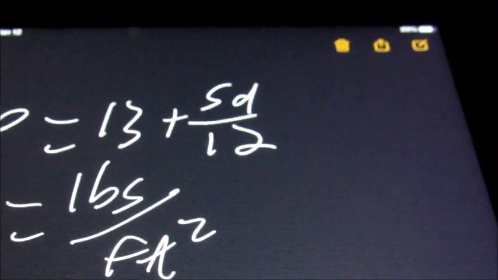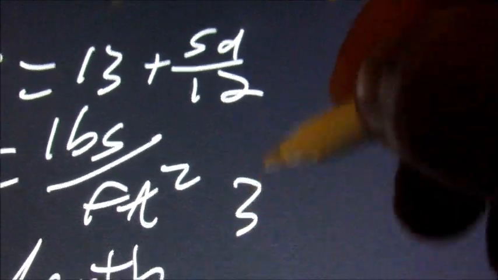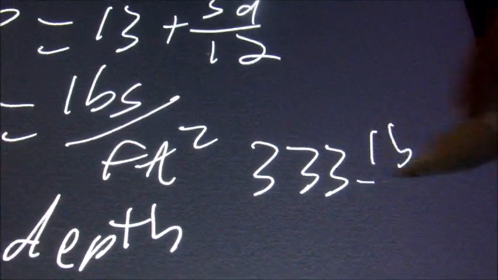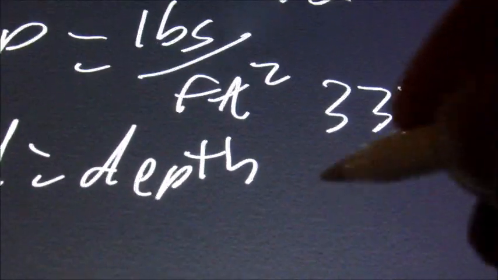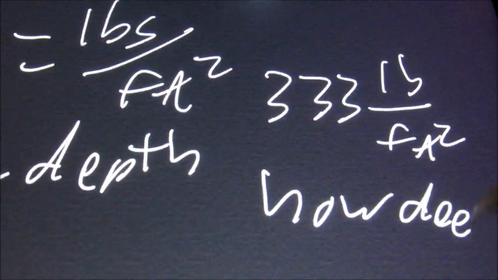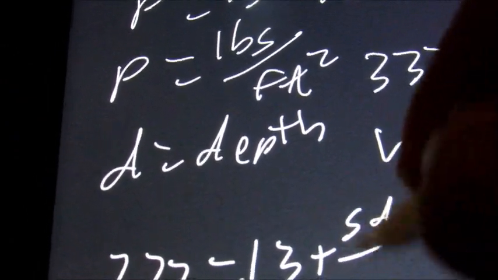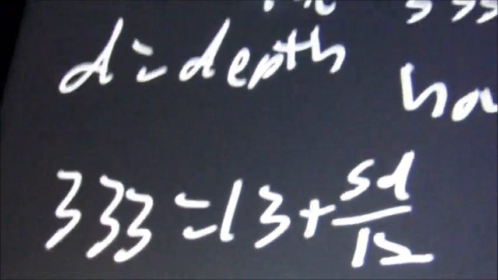And they're asking you, if the pressure is 333 pounds per square foot, how deep? Okay, so we know what our P is, and that's 333 equals 13 plus 5D over 12.